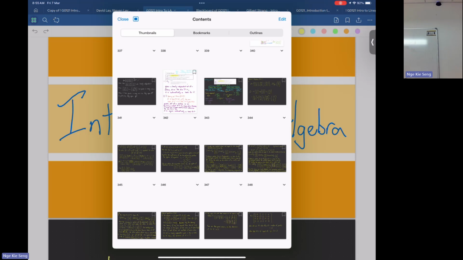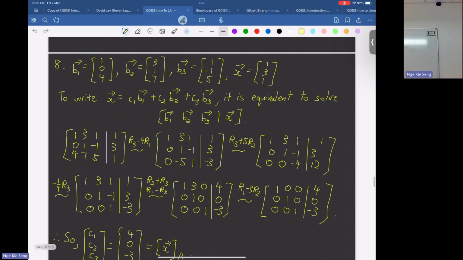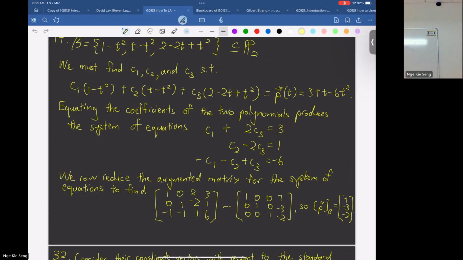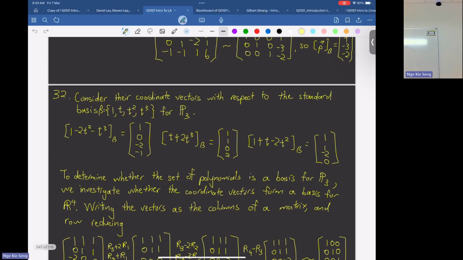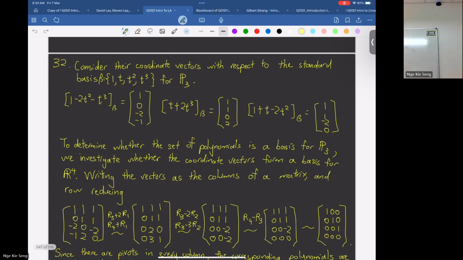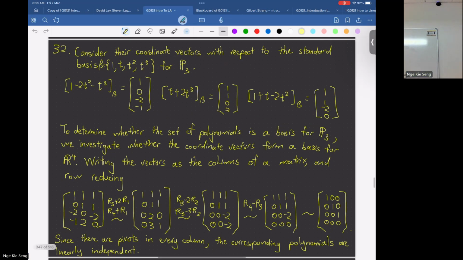Textbook, yeah, but I can't see this question.